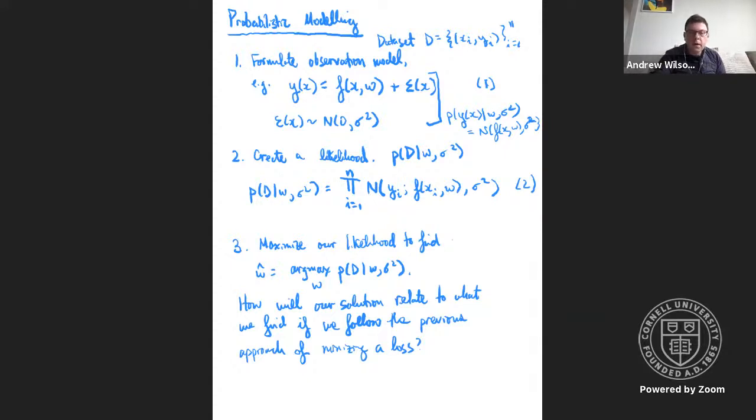Can you explain why N in equation 2 has 3 parameters? Right, so this is just a notational thing. So that's saying that this is a Gaussian, also known as a normal distribution, and it's Gaussian in y. So the random variables are the y_i's, the different data points that we observe. And the mean of that Gaussian is f of x_i, and the variance of that Gaussian is sigma squared.